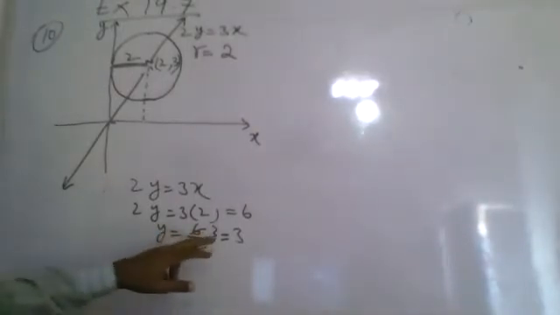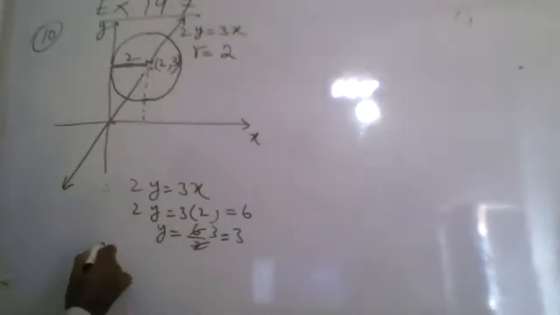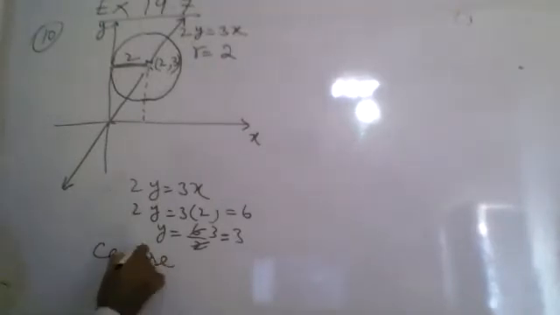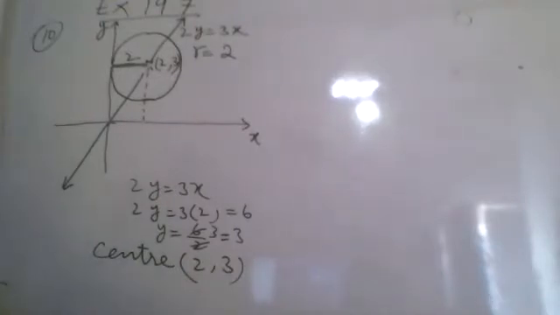So the center, we found the center, and the radius is already given. The coordinates of the center are 2, 3. The 2 is because the circle was tangent to the y-axis, and the radius was 2.